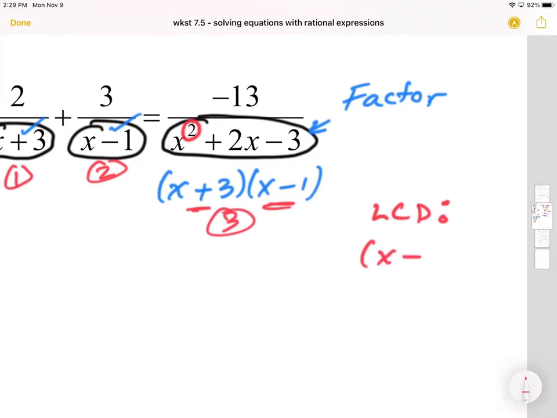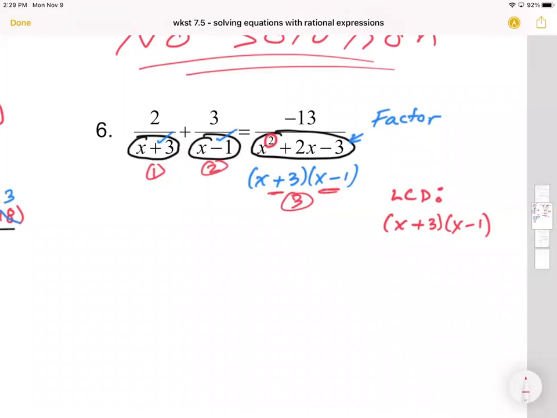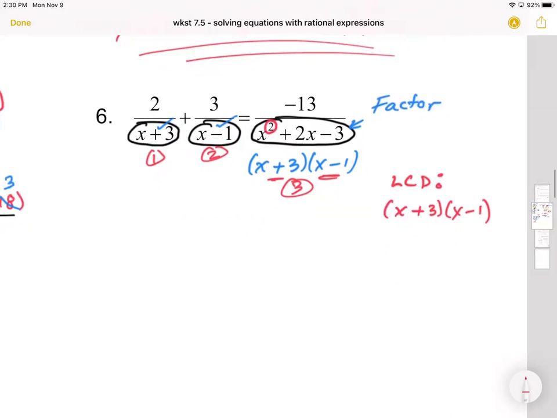So my LCD is x plus 3, x minus 1. We do not duplicate them because they repeat at different locations. This is all we need to do: merge them together, but we only use it one time.